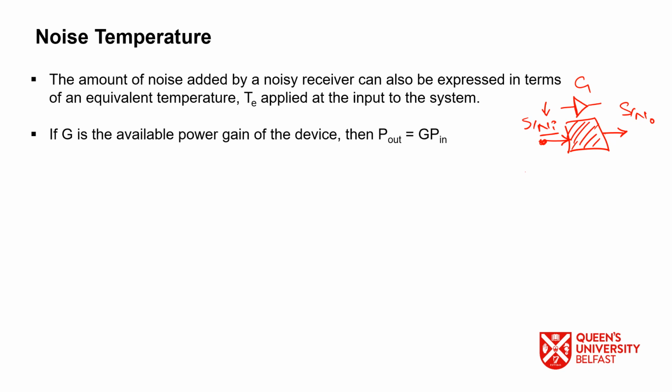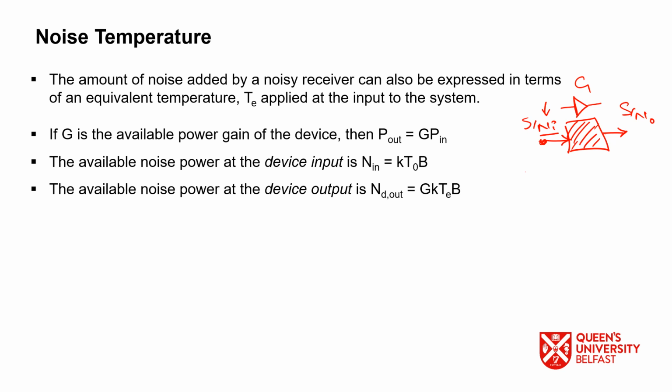That is pretty well known. The available noise power at the device input is generally N_in equals k T0 B, where T0 is a reference temperature in Kelvin. The available noise power at the device output is N_D,out equals G k TE B.